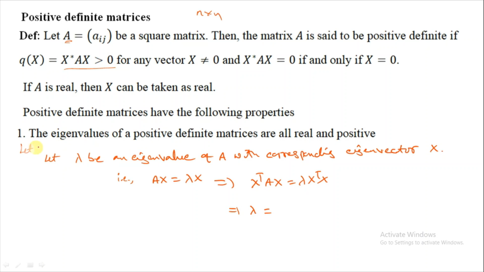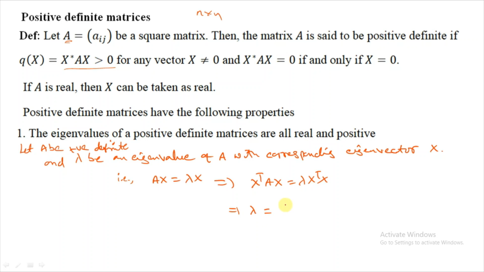Let A be positive definite and lambda be an eigenvalue of A with the corresponding eigenvector x. Positive definite means this is positive. Then can I write x transpose A x equal to lambda x transpose x.